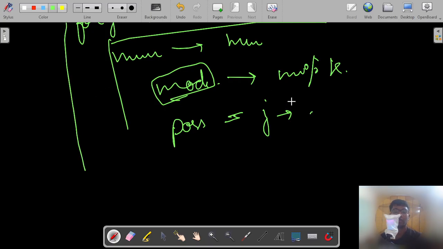So position minus j mod k plus k, and let's see what this mod gives us.